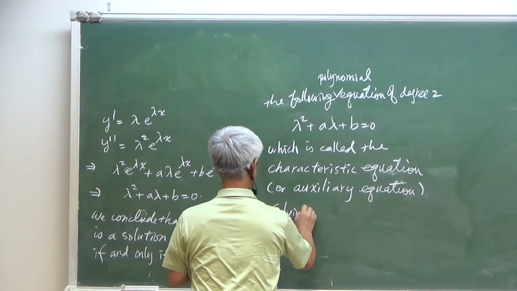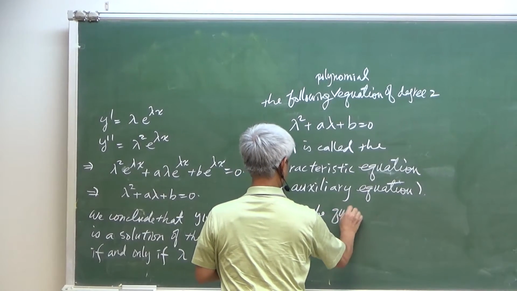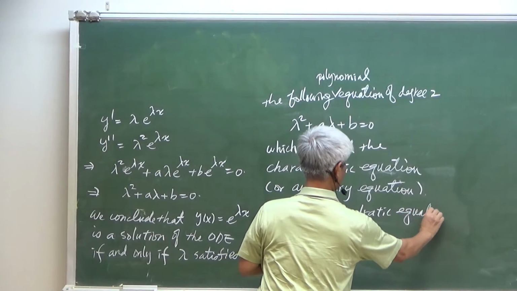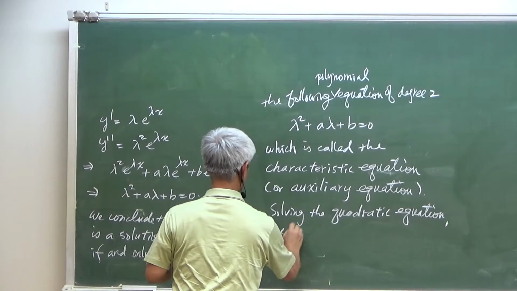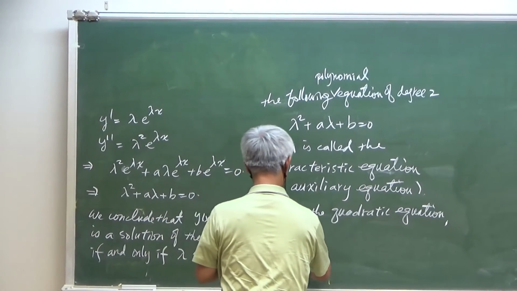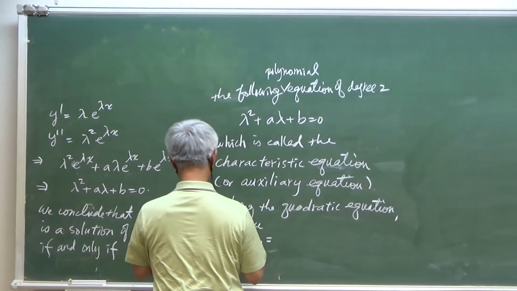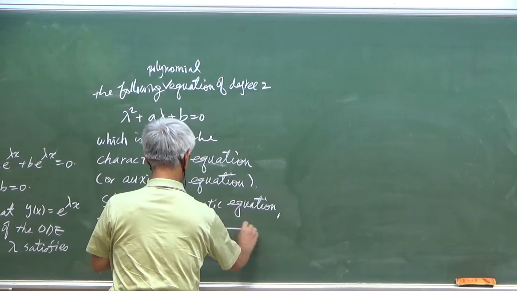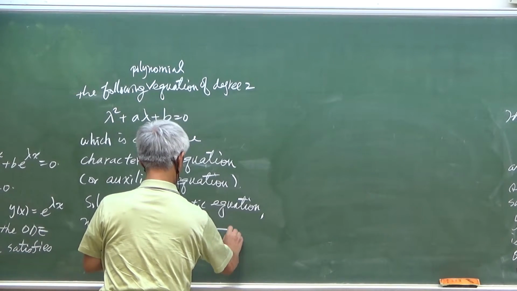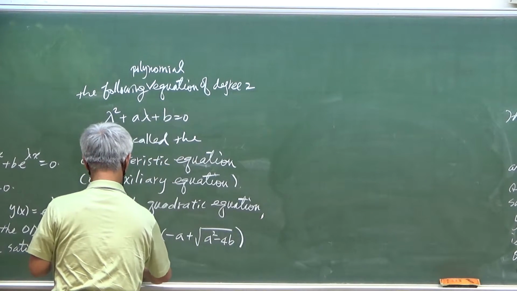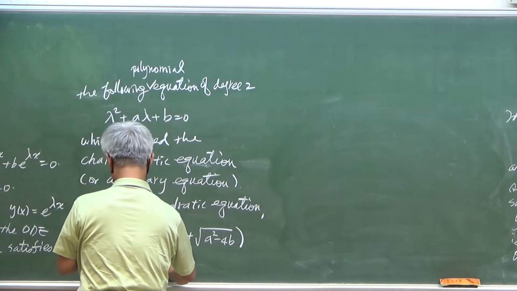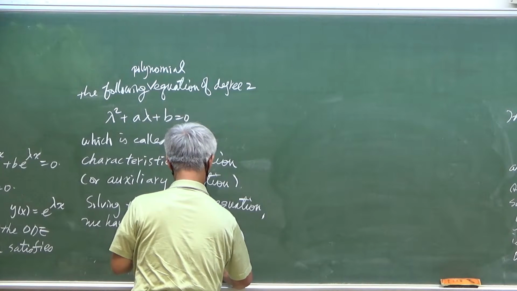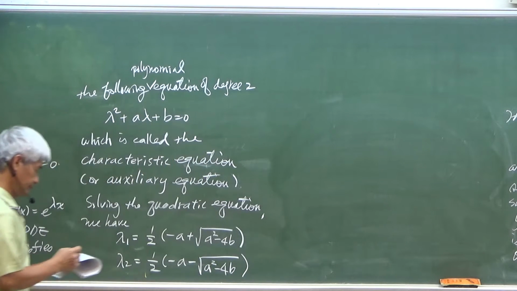Solving the quadratic equation, we have in general two solutions, lambda 1 equal to one half of minus a plus the square root of a squared minus 4b, and lambda 2 equal to one half of minus a minus the square root of a squared minus 4b.